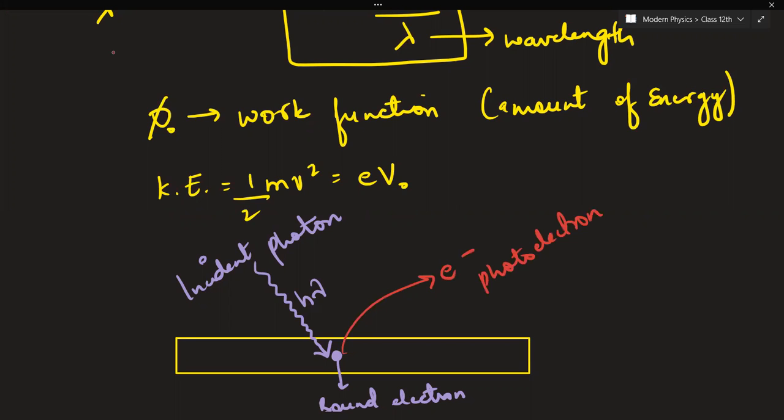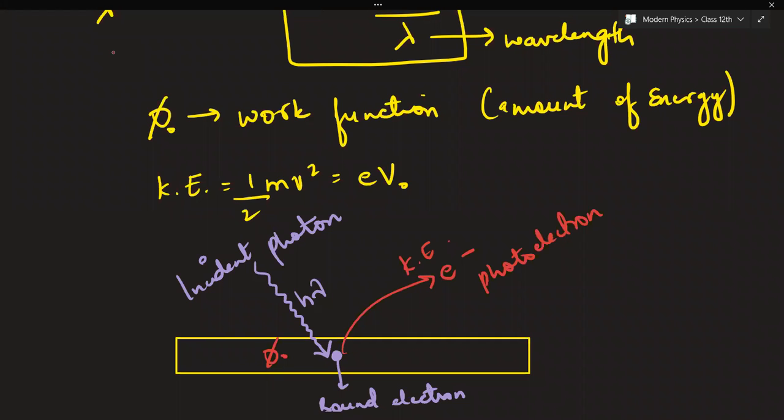Also, since this electron is coming out, this is moving, so certain kinetic energy will be there. And one energy will be the work function, because this amount of energy was required, and the amount of energy involved in the motion is the kinetic energy. So see, free electrons are bound within the metal due to restraining forces on the surface.